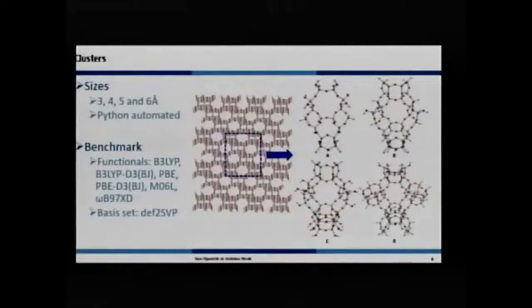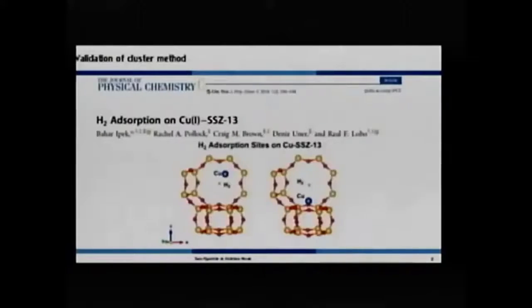We cut them with a Python automated system from the crystallographic information file of the chabazite zeolite, with sizes of 3, 4, 5, and 6 angstroms. We performed a benchmark with 6 functionals and the def2-SVP basis set. So we have A with size 3, B size 4, C size 5, and D size 6.